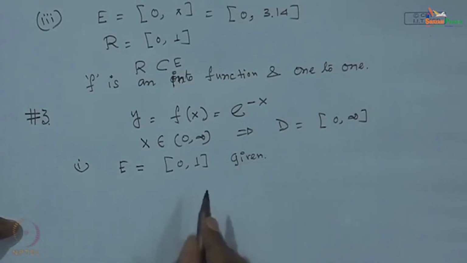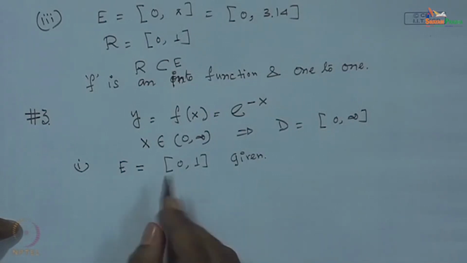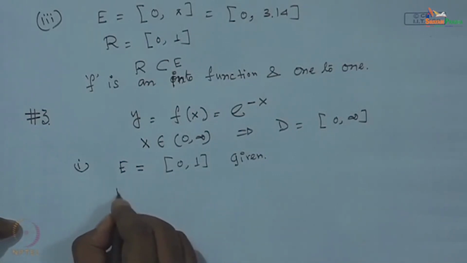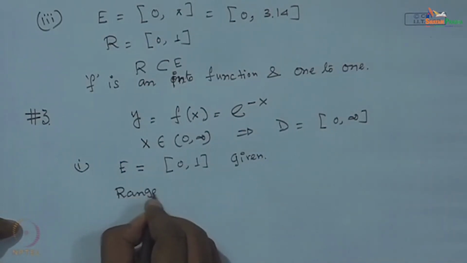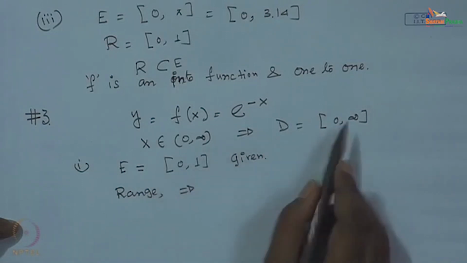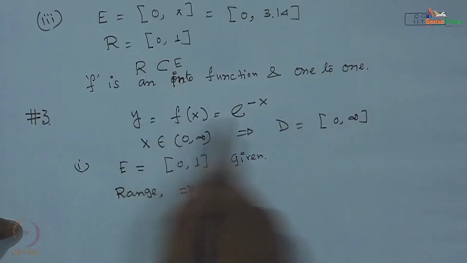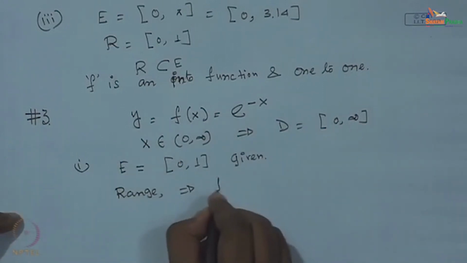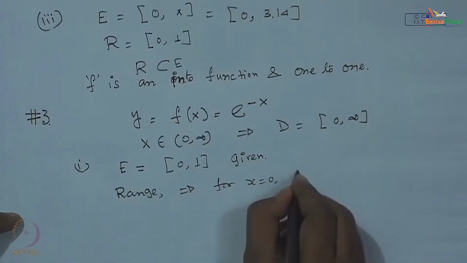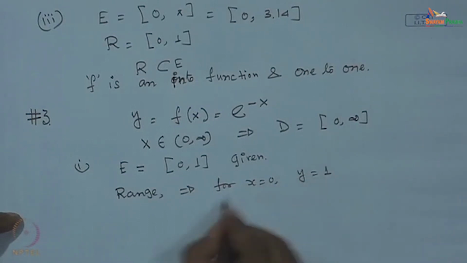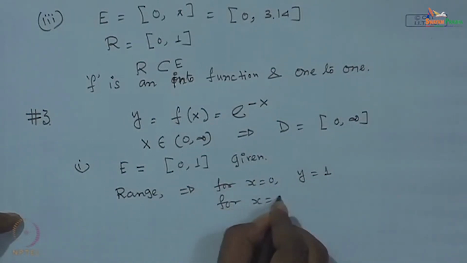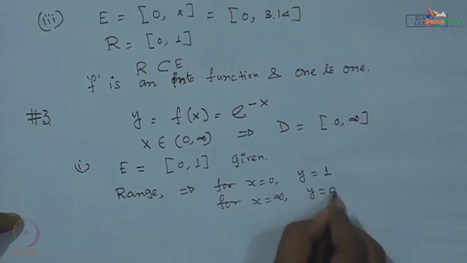If that is the case, first step will be, let us find out what is the range of y. The range will be obtained by putting the maximum value and the minimum value of x in the expression. So, for x is equal to 0, y is equal to 1, for x is equal to infinity, y is equal to 0.